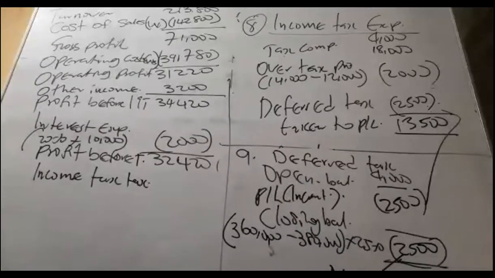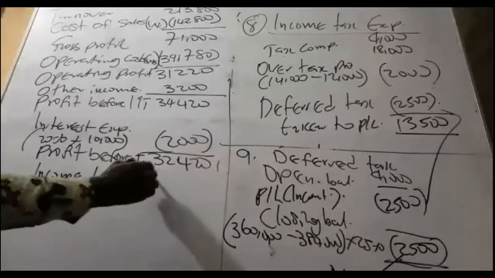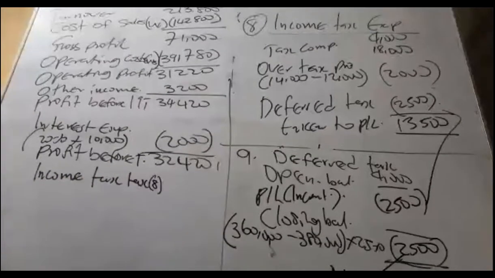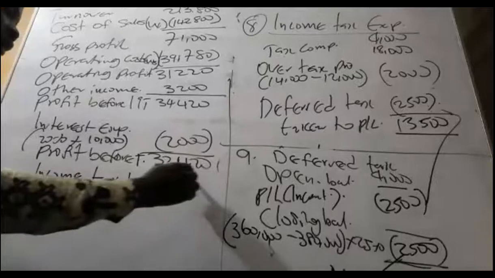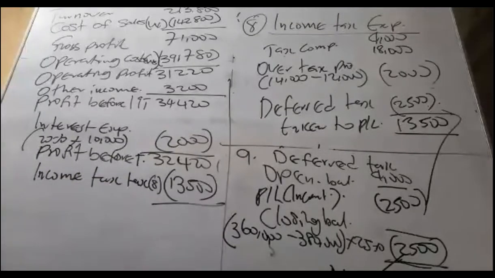The last item will be your work. You balance it off. If you're not balancing it, you're not sleeping today. Okay, so the income tax coming from workings number 8 happens to be 13,500. Put it in brackets. Great.